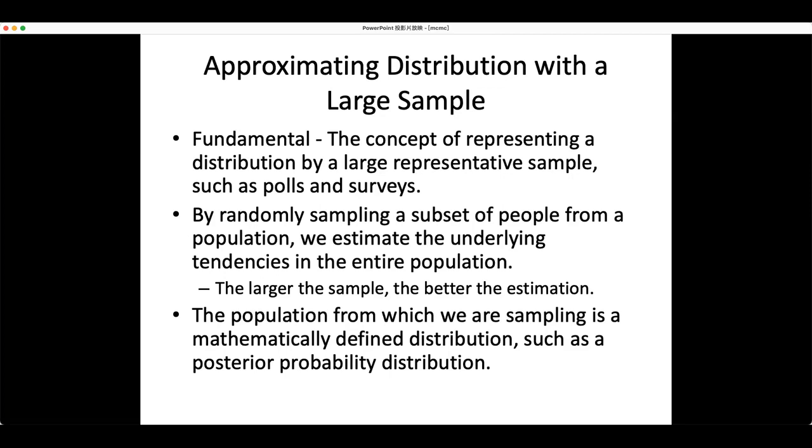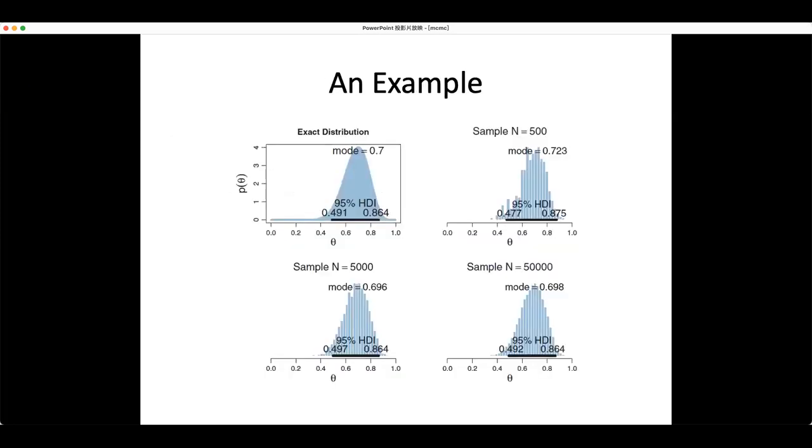The population from which we are sampling is defined as a distribution mathematically, such as a posterior probability distribution. So we want to sample from a posterior probability distribution.